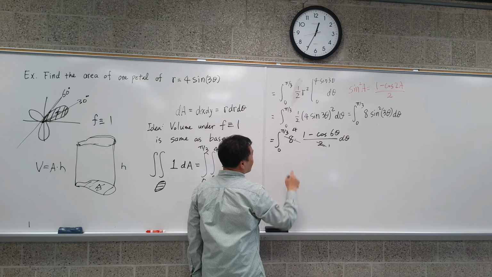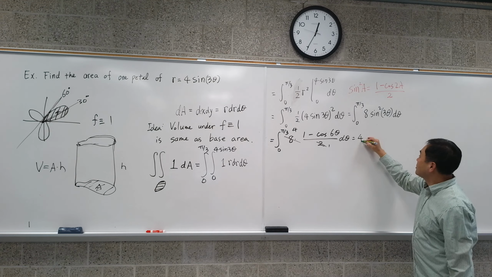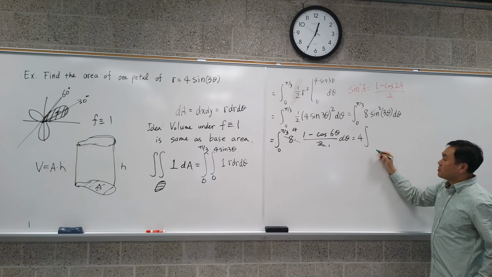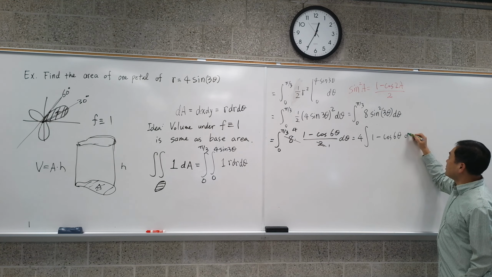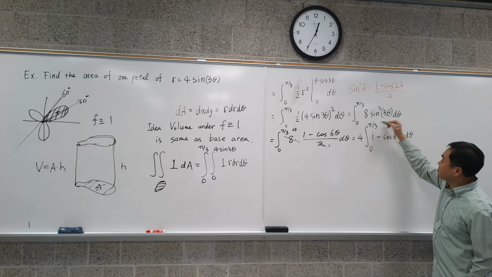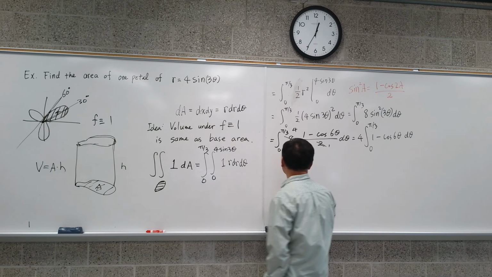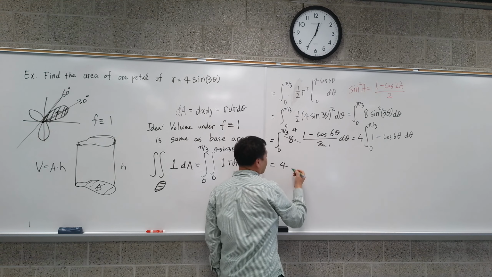That 4 can be brought outside, so that's going to be the integral of 1 minus cosine 6 theta d theta, from 0 to pi over 3. Integrating 1 is easy, that's just theta.